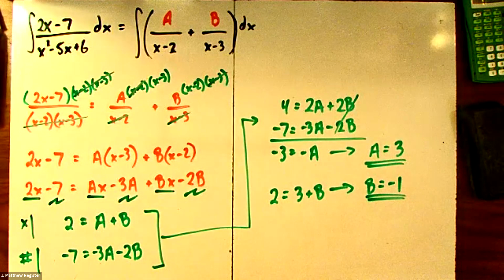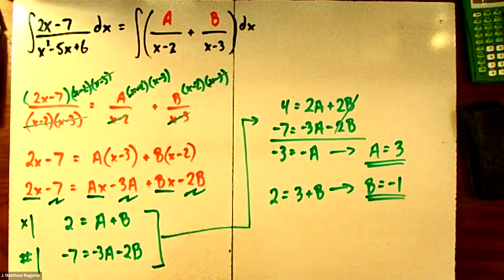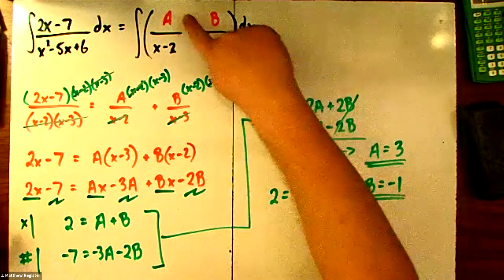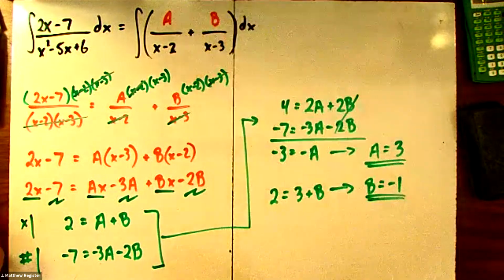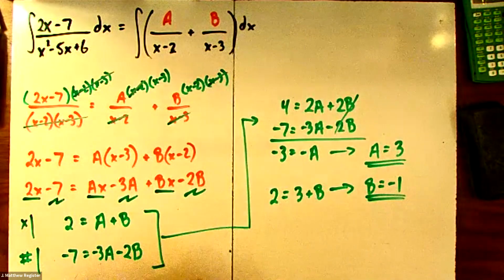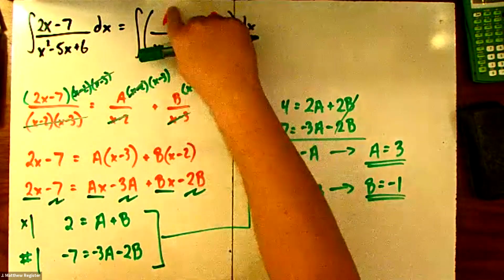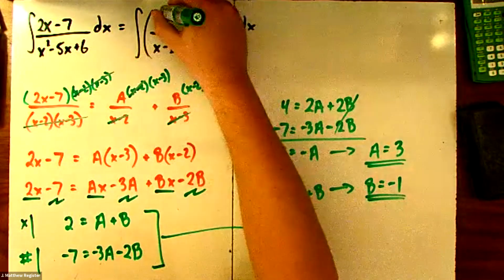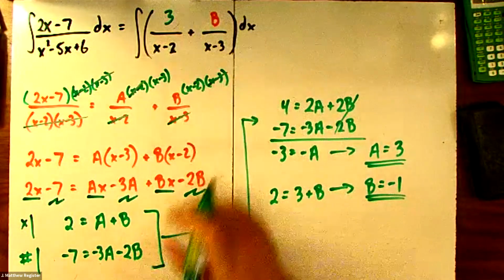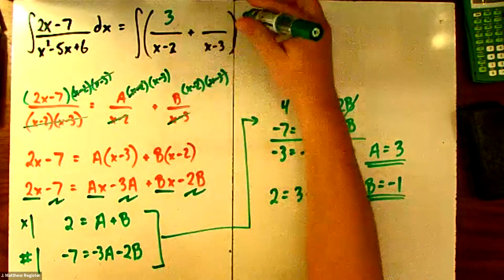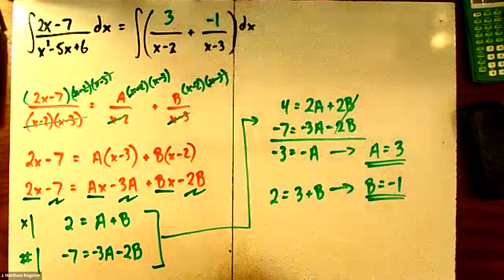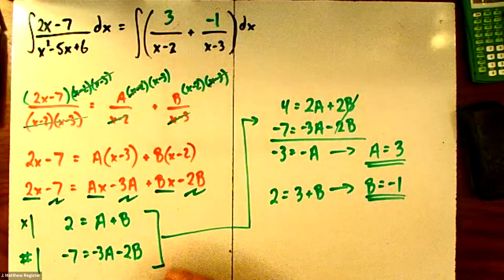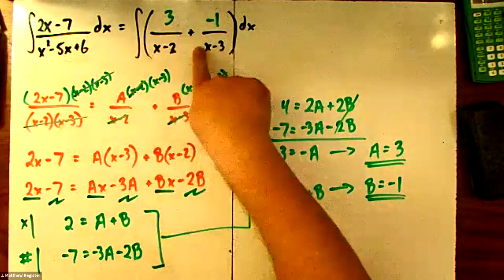And so we did that entire algebra process so that we could figure out what a and b are. Now we know that a is 3 and b is -1. And so now we can rewrite this as this.